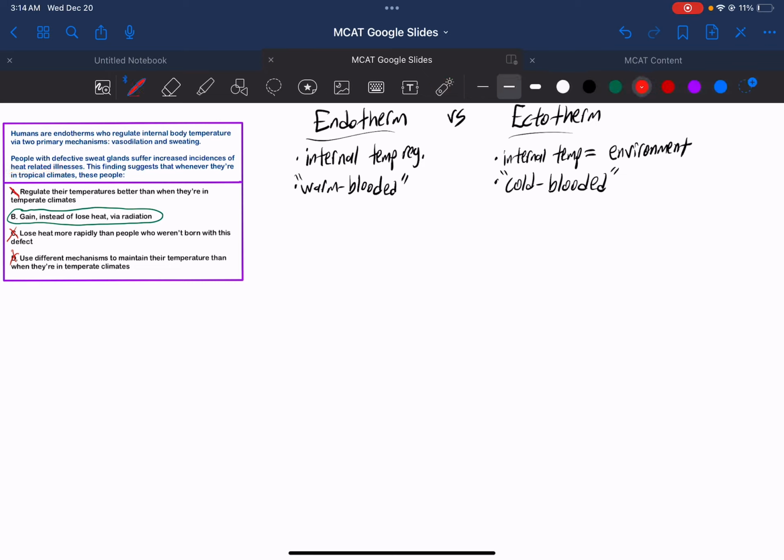And just as an aside, it's very important to know about the mechanisms. You should have a little baseline knowledge coming into a question like this about circulatory regulation, aka vasodilation.